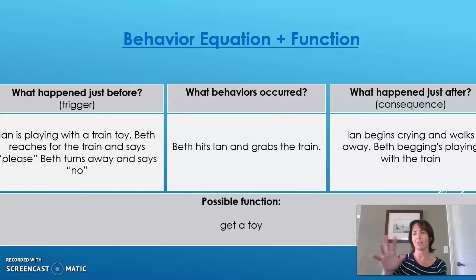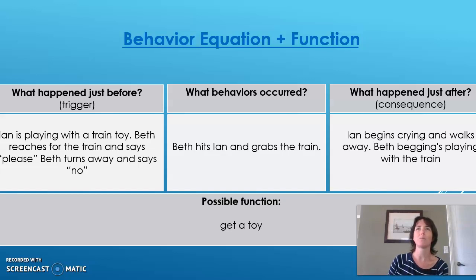Now, when you gather a lot of evidence through the day for a child like this one, if Beth is constantly hitting and you're trying to figure out what's causing it, it must be that she is usually trying to get a toy. So you would create a plan on how you can encourage her to get toys before this behavior happens.